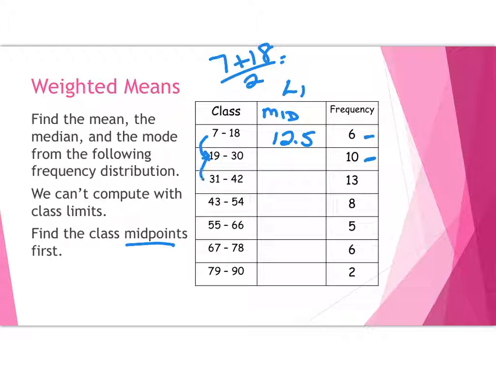If I look again, the difference between 19 and 31 is 12. That tells me that the class width is 12. If that's true, then I can find the rest of these midpoints by adding 12, adding 12, adding 12, adding 12. That's a few less keystrokes than finding the average each time. Notice I am not rounding off my midpoints.